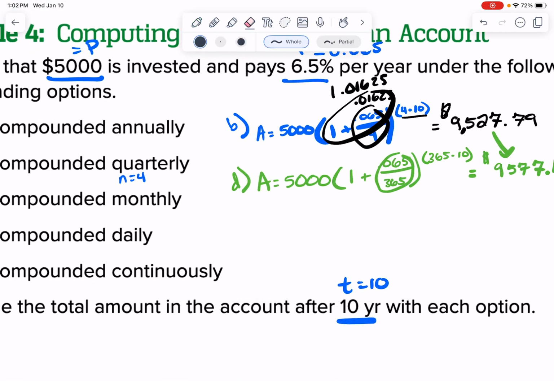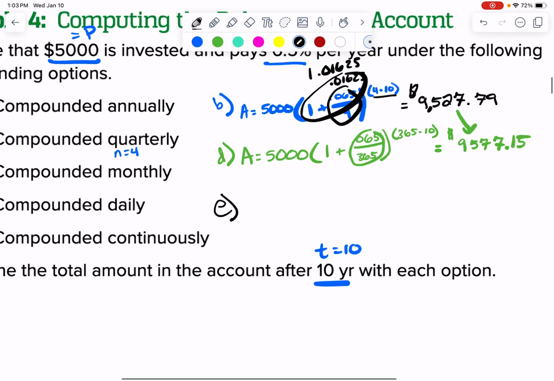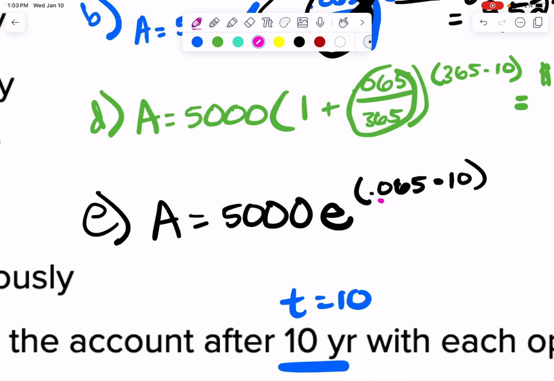Now, if I'm compounding continuously, I think you're going to end up with more money yet or less money. If you said more money yet, you are right. The continuous compounding formula makes it a little bit easier. P e to the rt power, okay? If you want to do some stuff in your head, times 10, you're just moving the decimal one place.